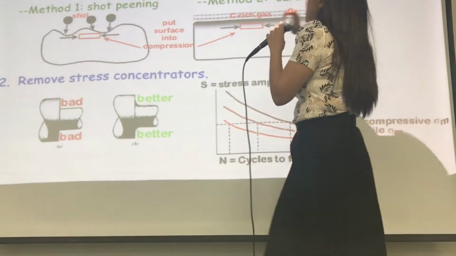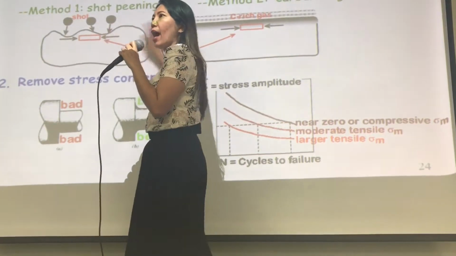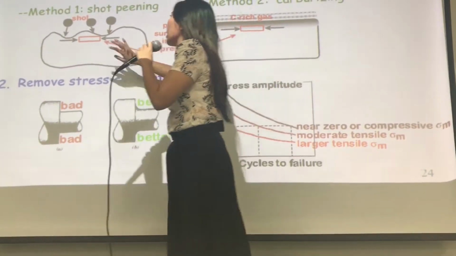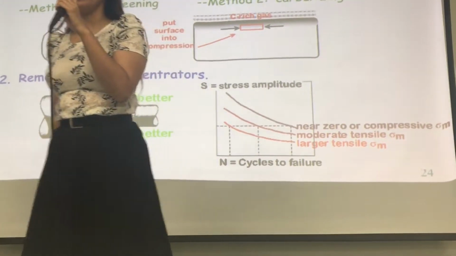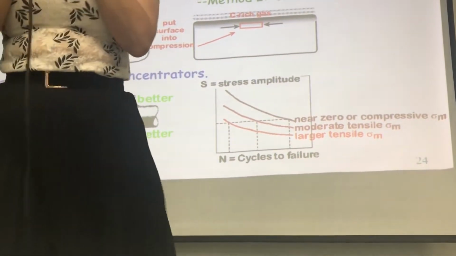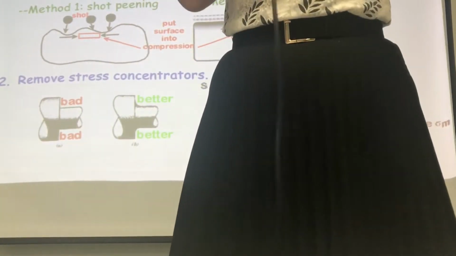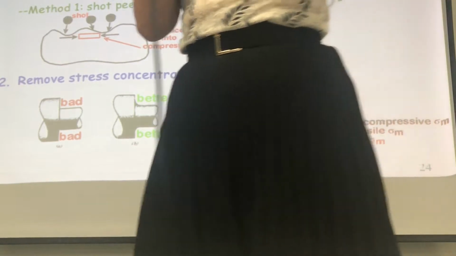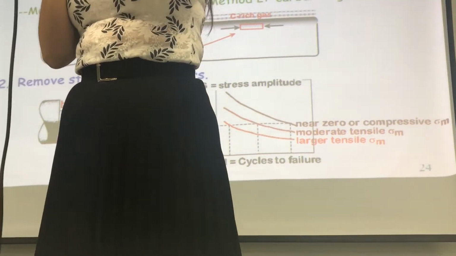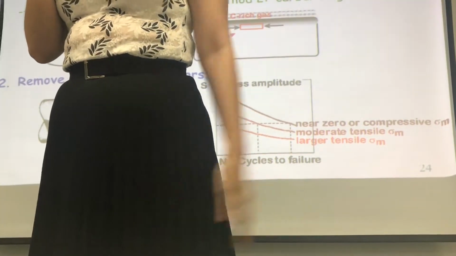The first one, if we take a look at the picture, is called shot peening. What does shot peening mean? Let us talk about this. Do you like cracks or not? No. A crack is dangerous if it moves and gets larger and larger.